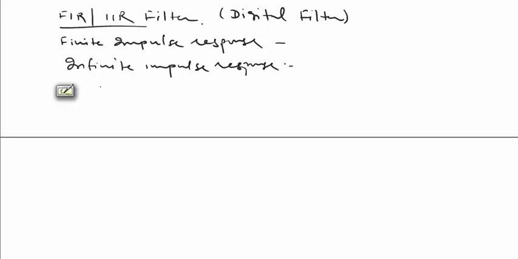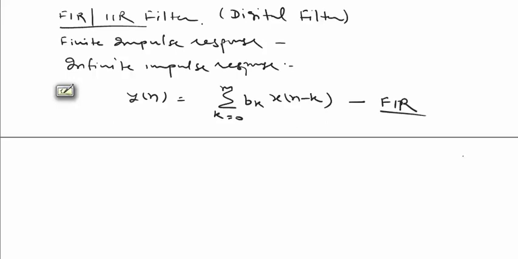The definition of FIR is y[n] equals summation k equals 0 to M of b_k x[n minus k]. This is the basic definition of a finite impulse response system. Delaying the input signal creates a finite impulse response.